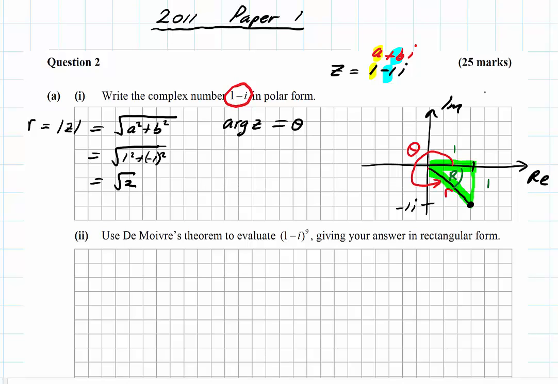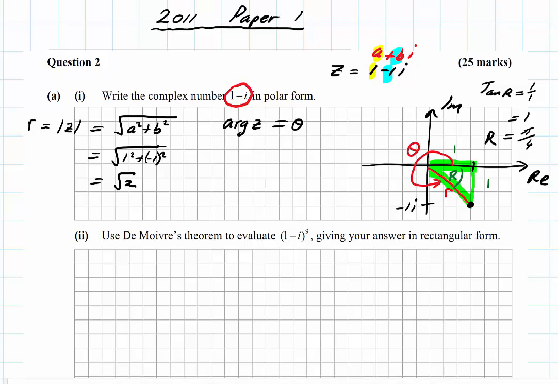So we can say that the tan of the reference angle is 1 over 1, which is 1. So it must be 45 degrees, or pi over 4 radians. Just make that clear, because there's two r's, a capital R and a small r, not to get mixed up.